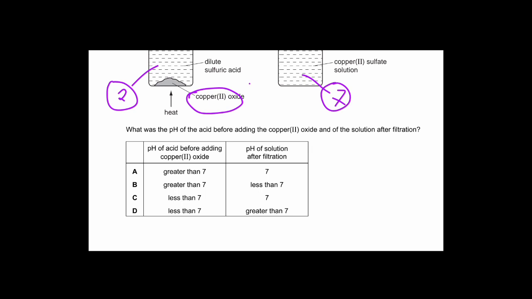Therefore, the pH should be less than 7. So greater than 7 is out, less than 7. The pH of the filtrate here, copper 2 sulfate, is 7. This is the answer. Okay.